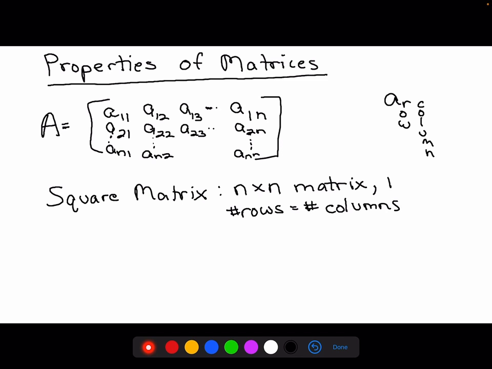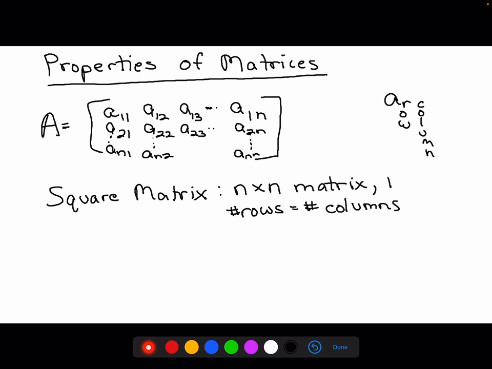So it looks kind of like a square. The dimensions going across and going down are the same. Sorry, I just bumped my printer and the whole tray fell off. Okay. So a square matrix is like a square where the length and width are the same. Same idea here. The number of rows and number of columns is the same.